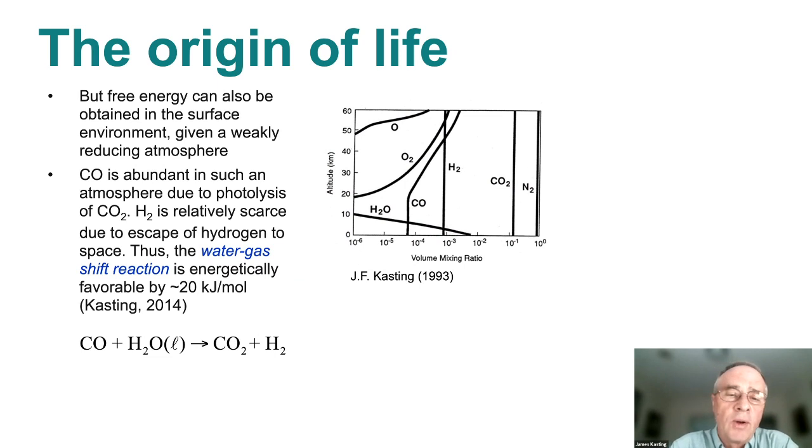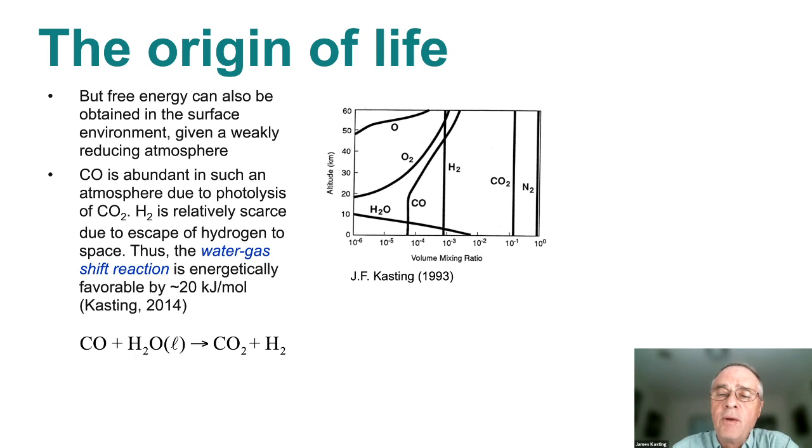Now, what I want to point out here is that free energy is also available in the surface environment. So let's go back to this diagram that I already showed you. This atmosphere has a little bit of CO in it, and a little bit of H2, and a lot of CO2. But CO is a high free energy compound. As I already said, the CO2 is photolyzed by solar ultraviolet light, making CO and O. So the energy of that ultraviolet light went into the products.